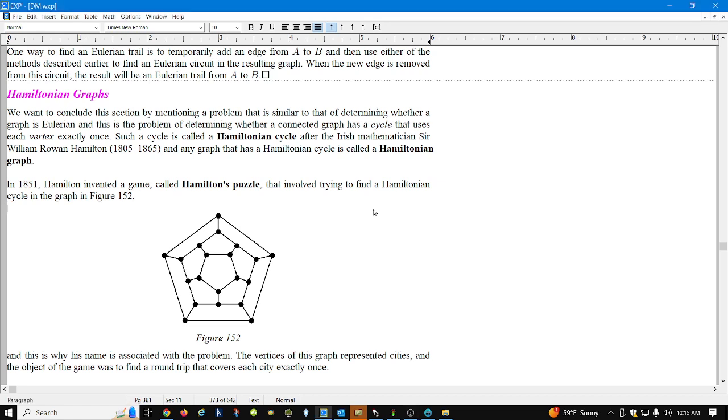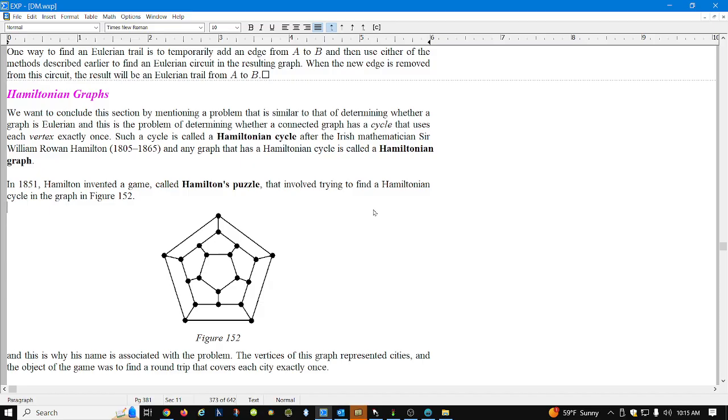Finally, for this section of the book and for this video, I want to take a look at a problem that's similar to that of determining whether a graph is Eulerian. And this is the problem of determining whether a connected graph has a cycle that uses each vertex exactly once.